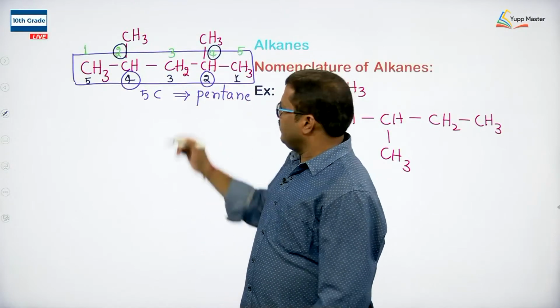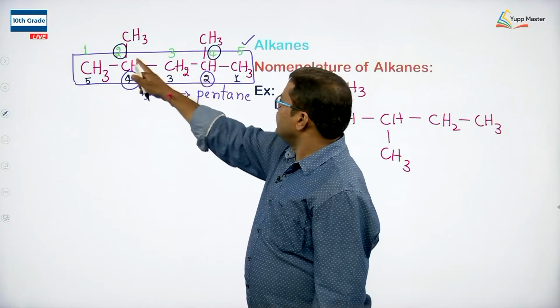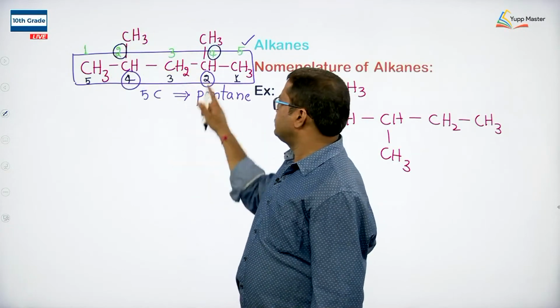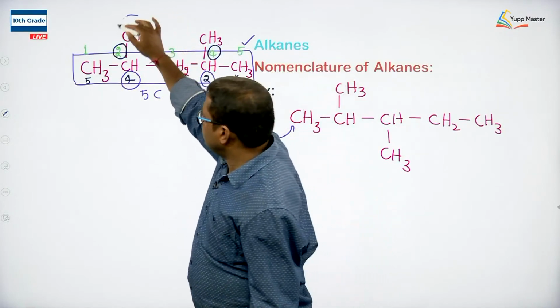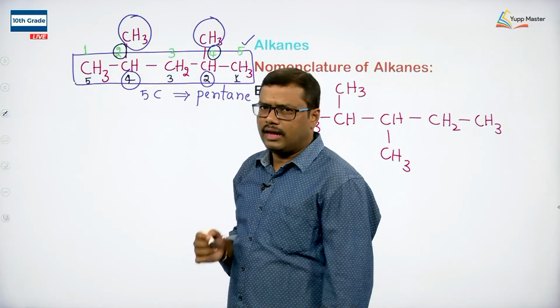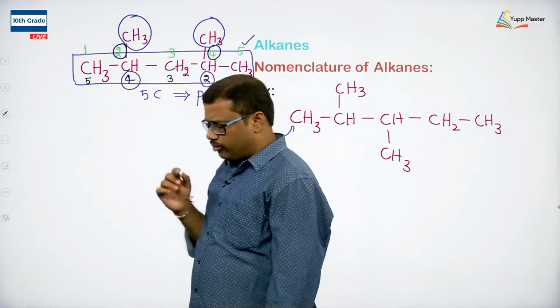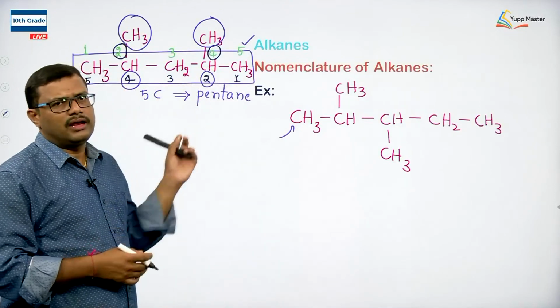Let me take the first one. Here at the second carbon we have CH3, at the fourth carbon I have CH3. So similar substitutions are present at the second and fourth carbon atoms. Therefore I have to mention their positions using di before the name of that alkyl group.